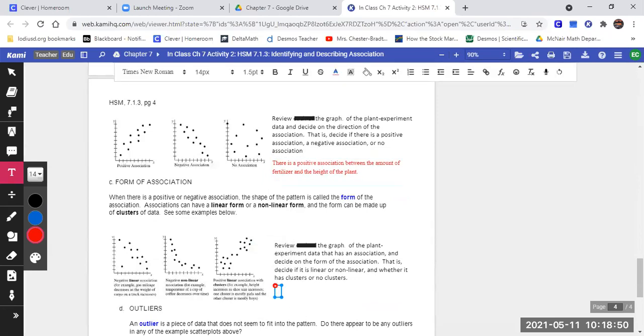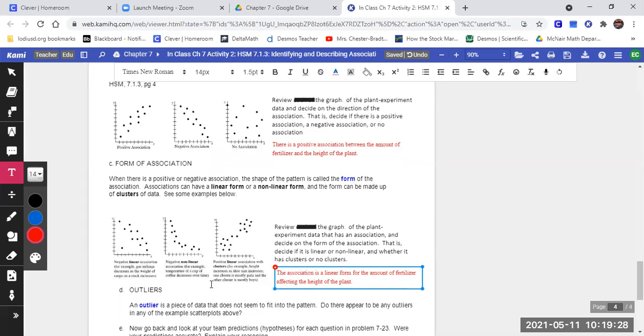So we would say the association is a linear form for the amount of fertilizer affecting the height of the plant. So we just keep going back to the same words of how they described it in the very beginning, okay?